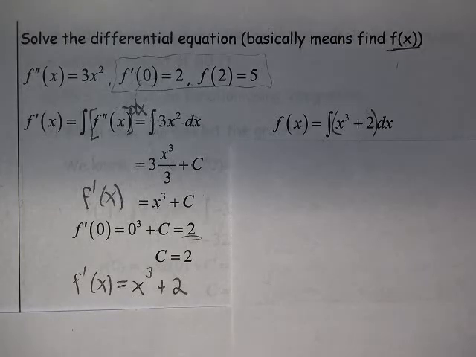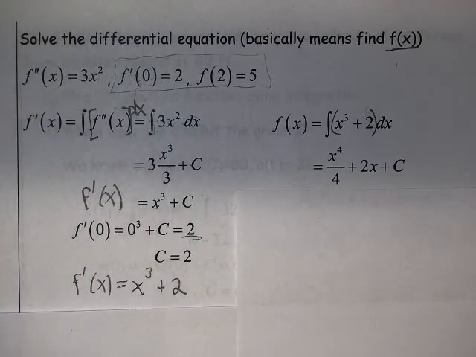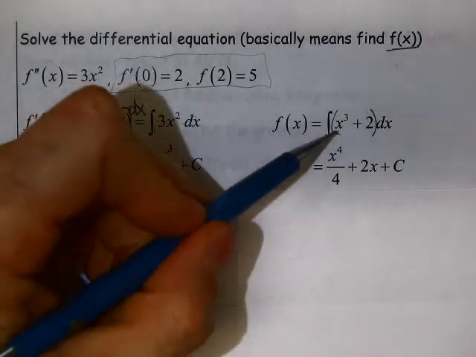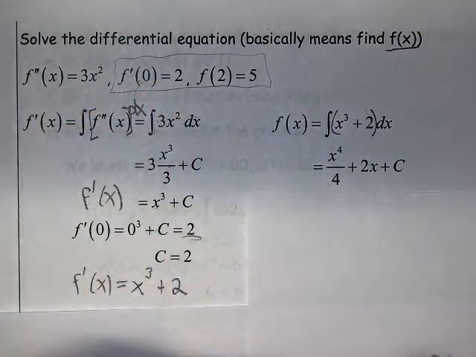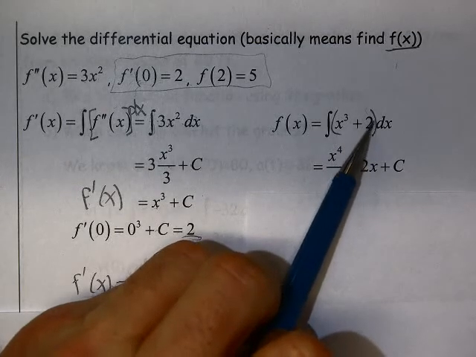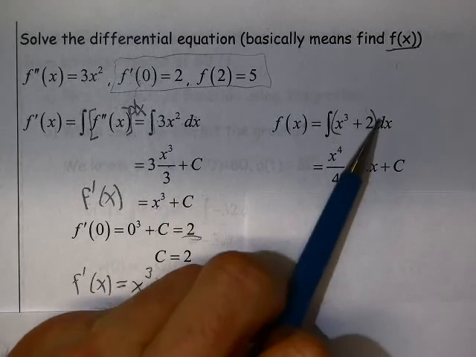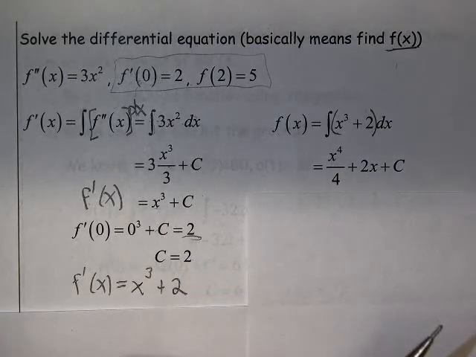I find the antiderivative of each term there. So x cubed becomes x to the fourth divided by 4. Add 1 to the exponent, divide by the new exponent. The antiderivative of 2 is like 2 times x to the 0, so I add 1 to the exponent and divide by the new exponent. It's x to the first divided by 1 with a coefficient of 2 still.